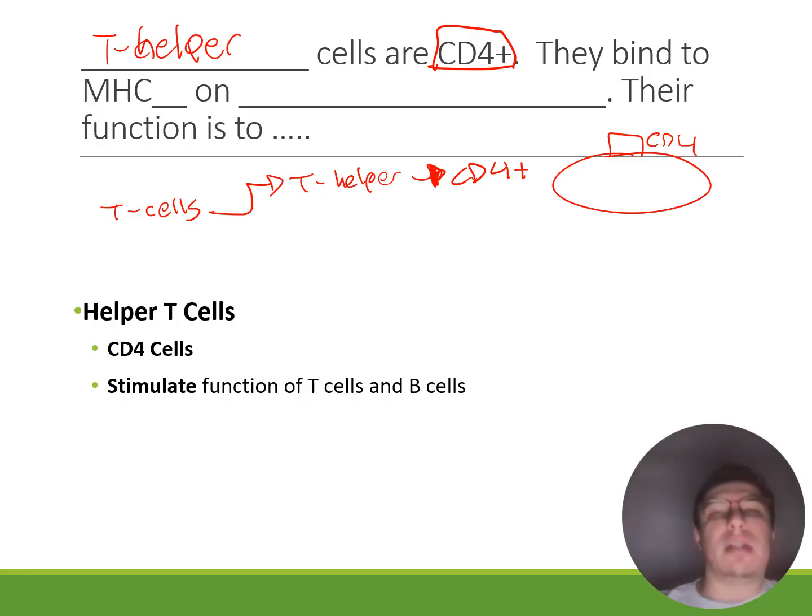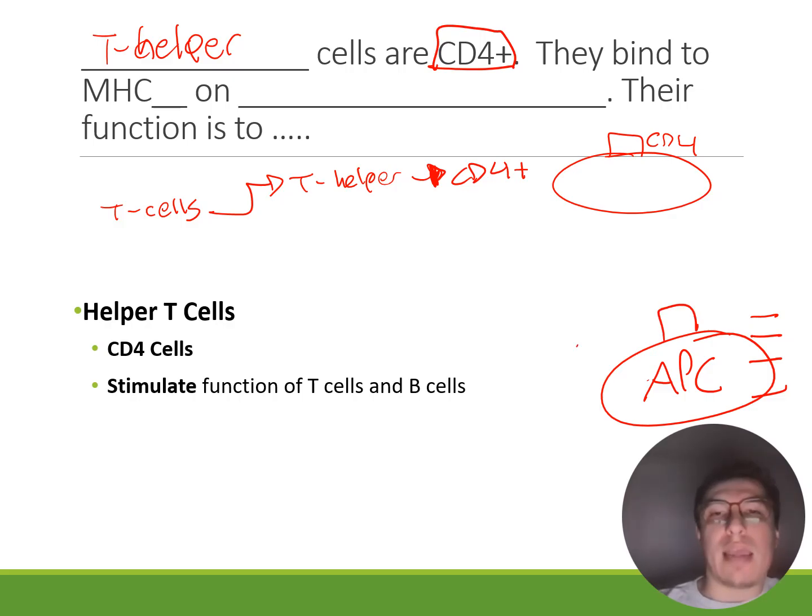Okay, T helper cells. Now, remember that these T helper cells are stimulated, or presented antigens, through antigen presenting cells. That is a little bit different. Antigen presenting cells, whichever one of the four types, will show a receptor through an MHC2 receptor. And it will go on to present that receptor to that CD4 cell.